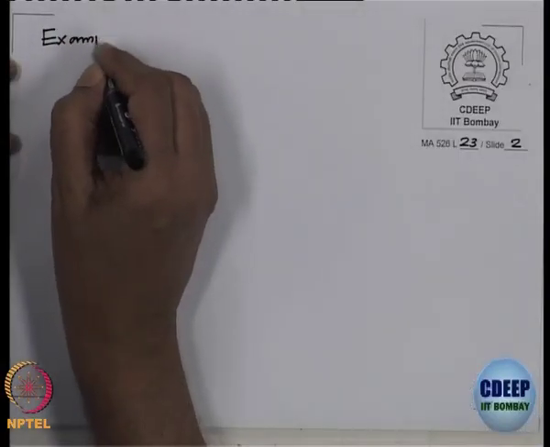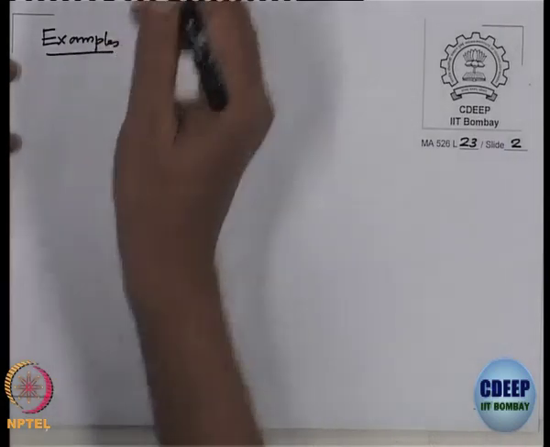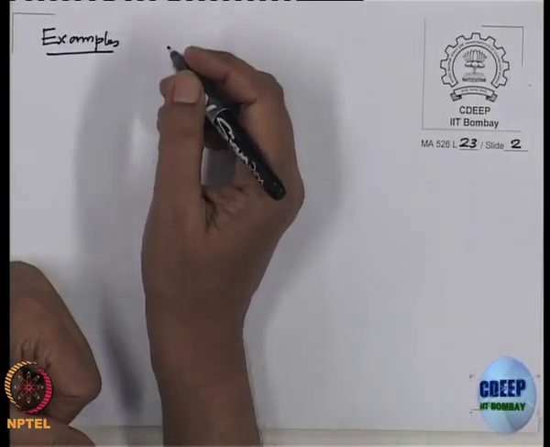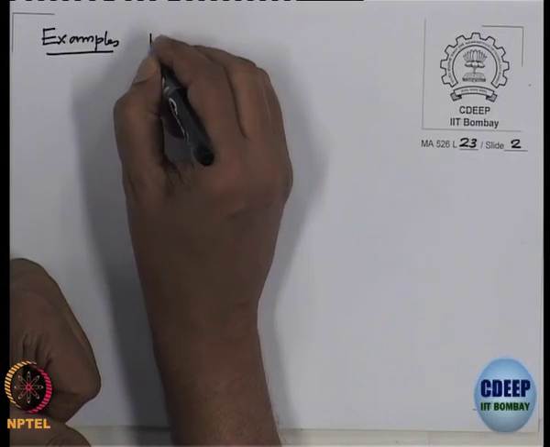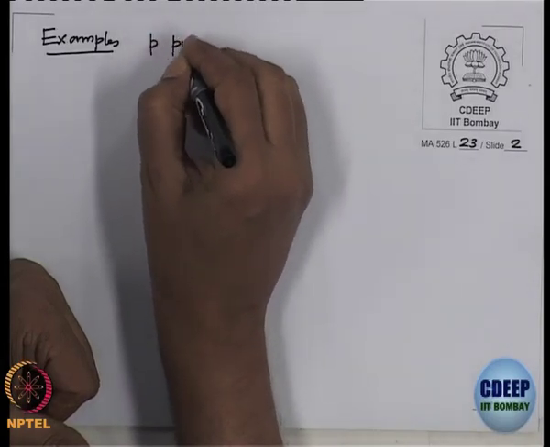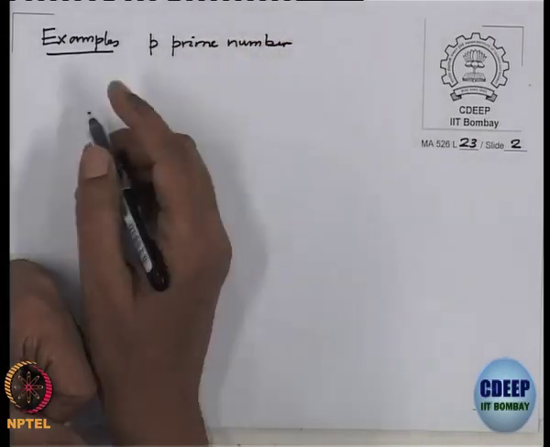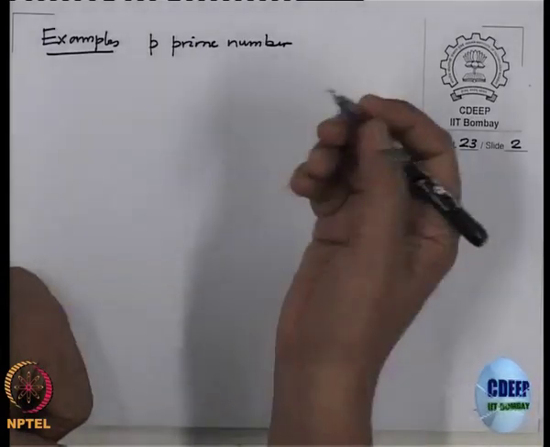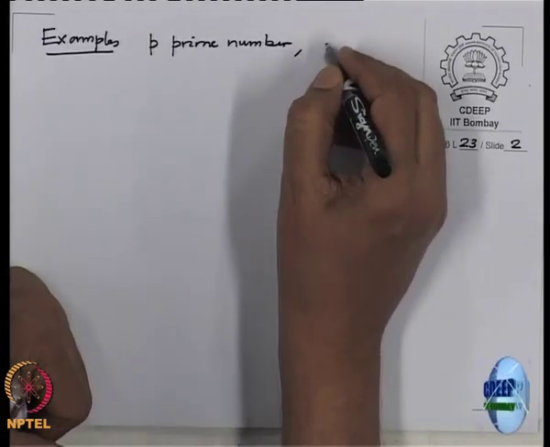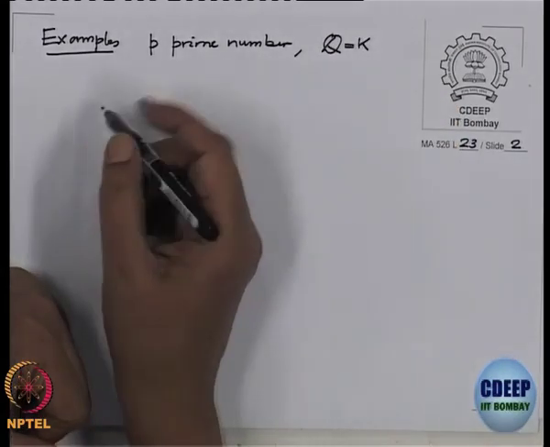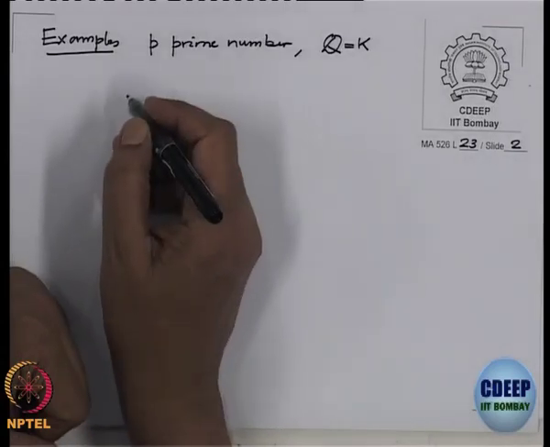Okay, so a few examples. This abstract definition came from these classical examples. Suppose P is a prime number, and our field is Q. You see it came from the following.